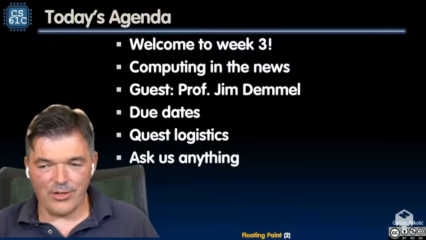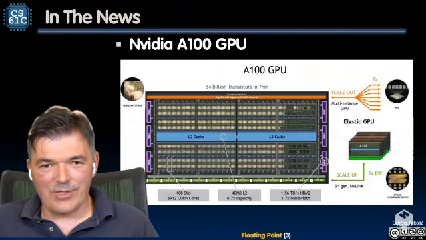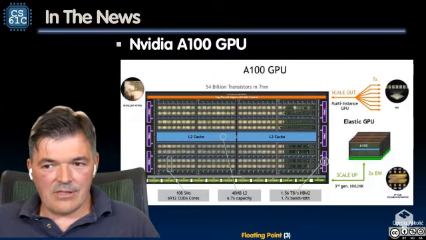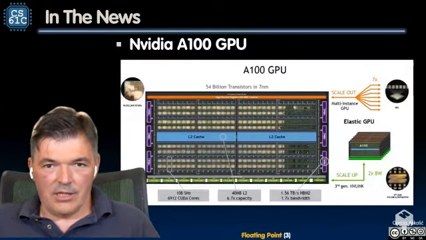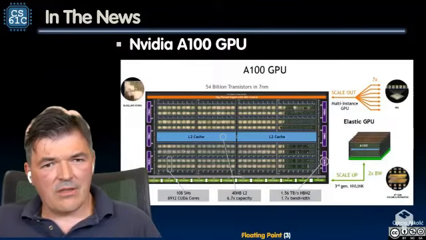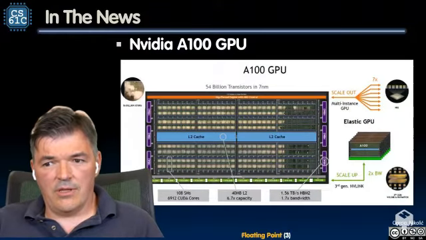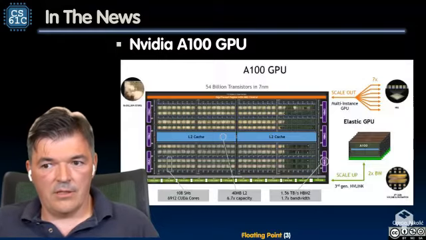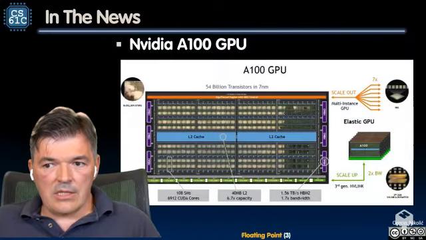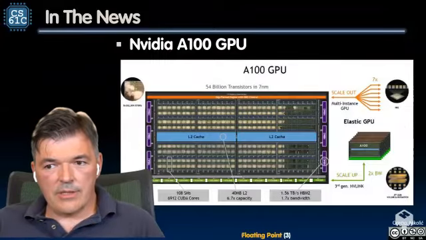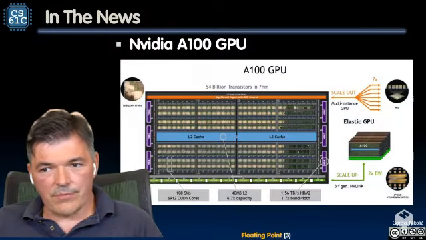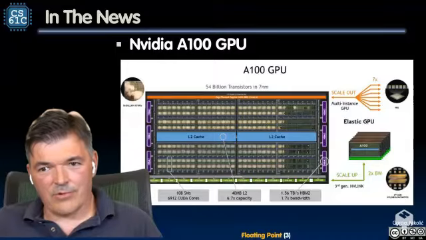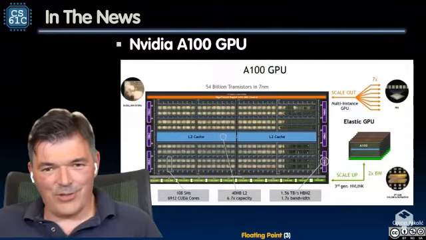Going into the news, here is a chip that got a lot of press over the summer. It was announced, I think, in June, and then a little more details came out at a conference held in August. It is Nvidia's new GPU. They call it a graphics processing unit, but this is pretty much everything other than a graphics computing unit.